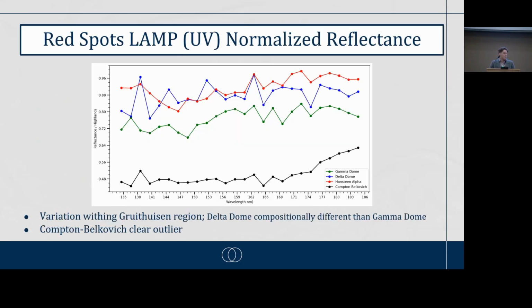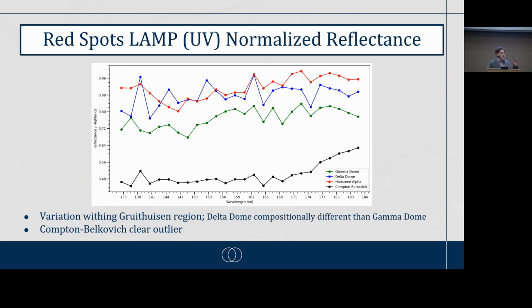Next. So then plotting everything together, Compton-Belkovich is in black, and we can see a clear difference. Either something's going on different in terms of space weathering, composition, or another regolith property, but it is clearly standing out from the rest of the group. And then among the Gruithuisen sites, there are differences between the gamma and delta dome.